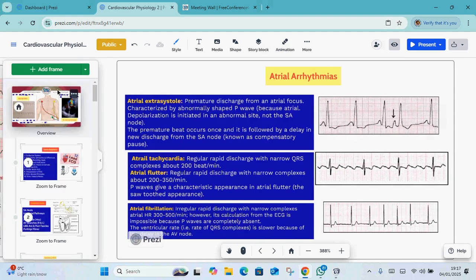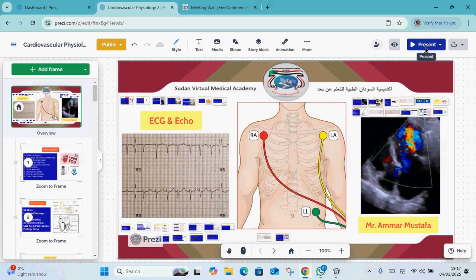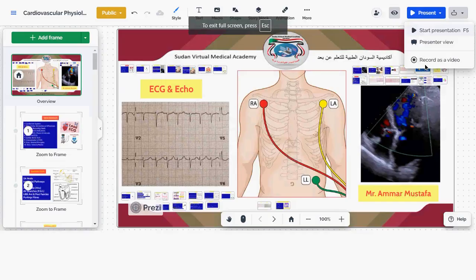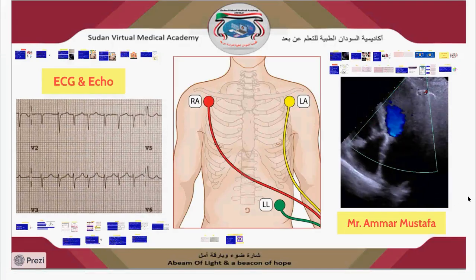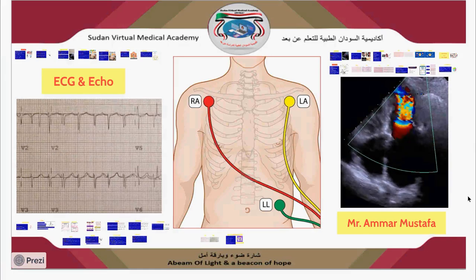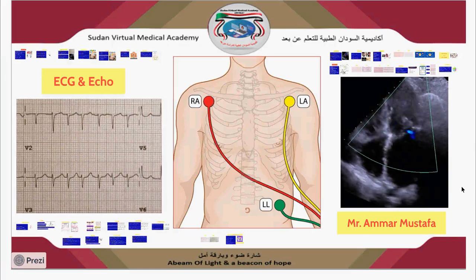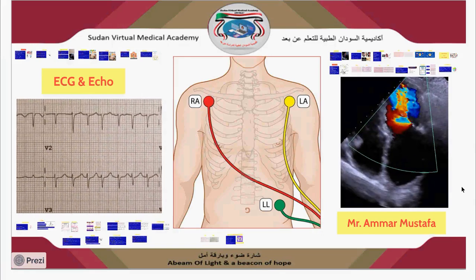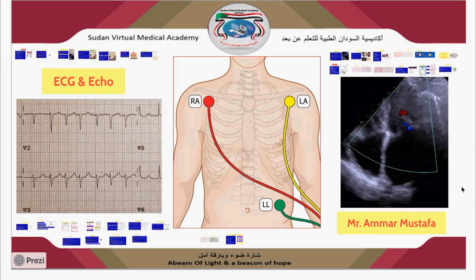Because it's too much, I realized we should go back to recap what we have discussed so far. First of all, we said ECG is very important, widely used, not costly, with no side effects, a test of the electrical activity of the heart.